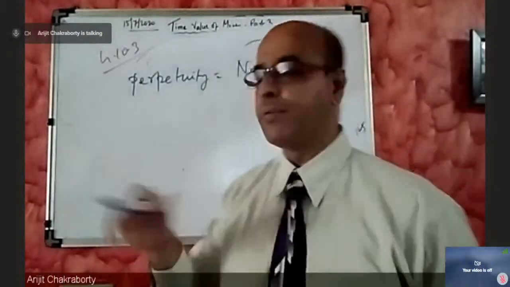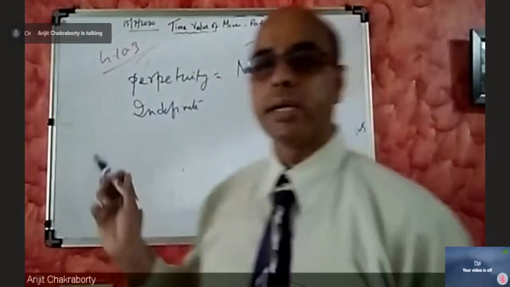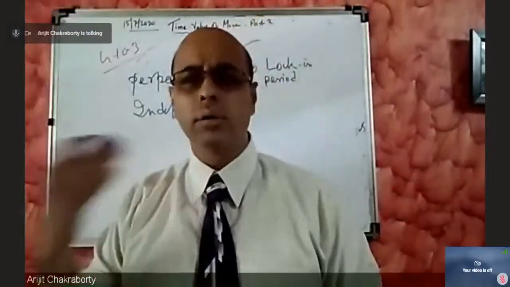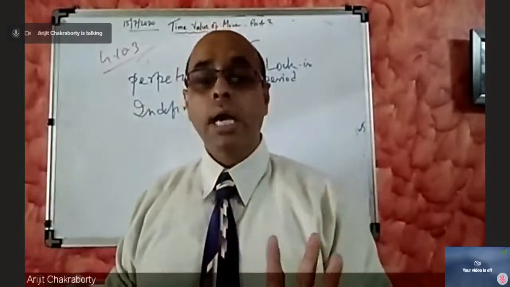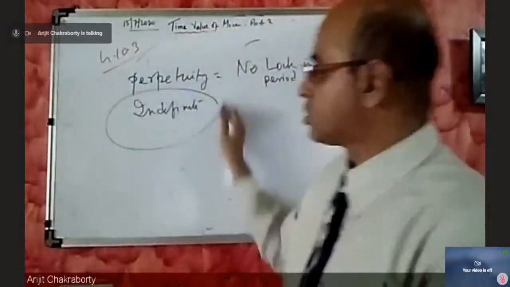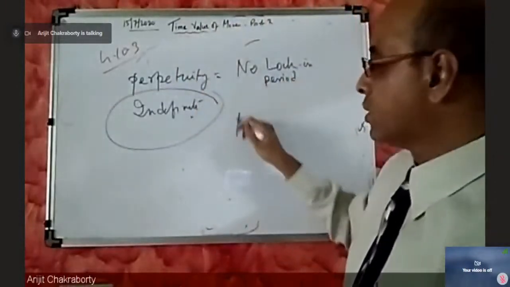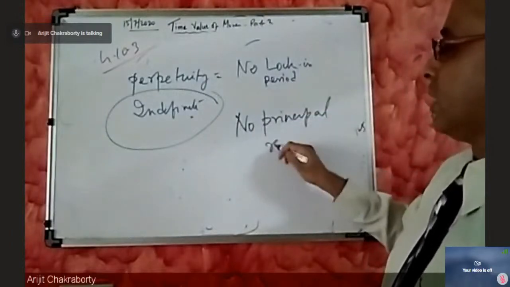That means forever, an indefinite period, 30, 40, 100 years, go on. Generations will come and go, but the money is blocked. But every year you get some return. So in case of perpetuity, please note, it is indefinite and no principal repayment will take place.